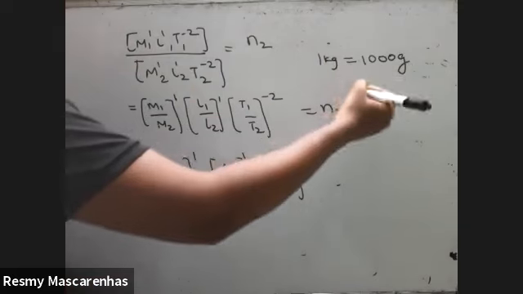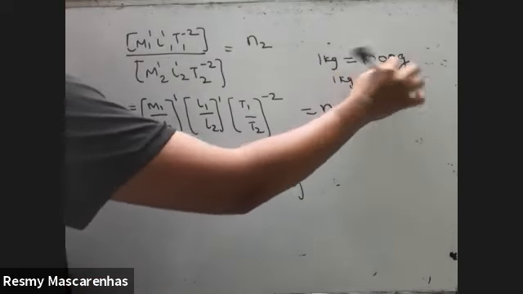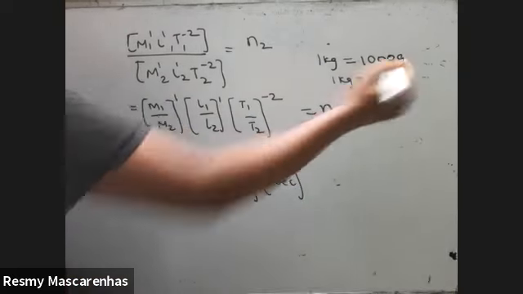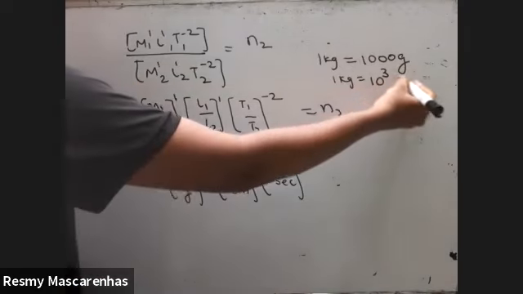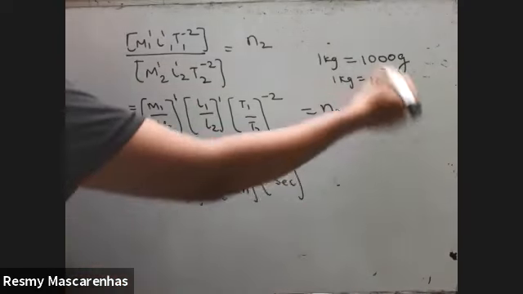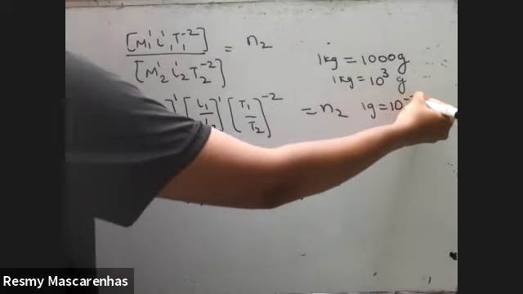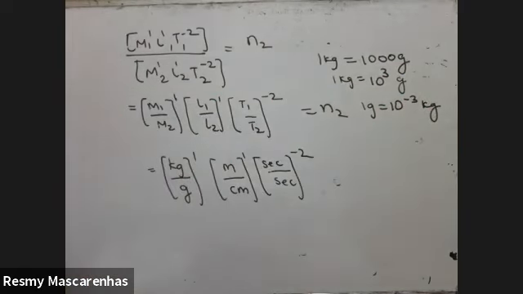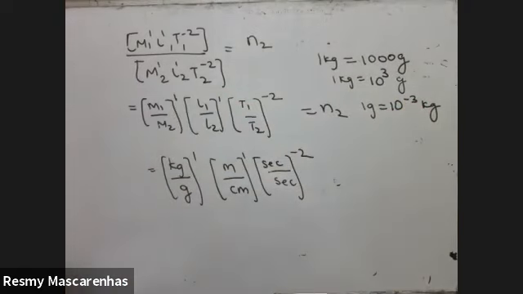In terms of powers, there are 3 zeros, so it can be 10 raised to 3. Same way, if you want the reverse, 1 gram will be 10 raised to minus 3. If a smaller quantity is written in terms of a bigger one, the power will always be minus.